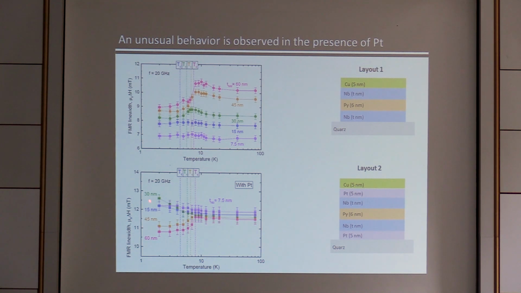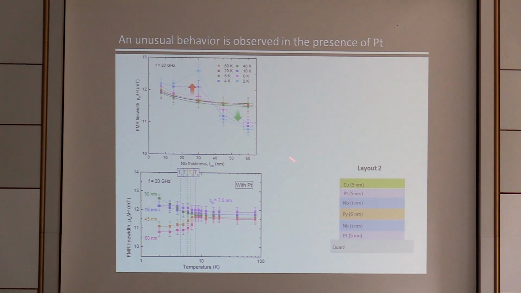But you see something strange happening at intermediate thicknesses, where the ferromagnetic resonance line width increases when the niobium turns superconducting. So this seems to suggest that somehow spin transfer through the niobium is encouraged, is increased when the niobium turns superconducting.